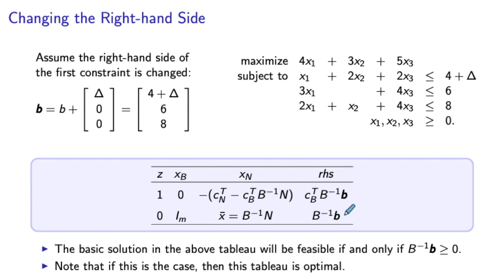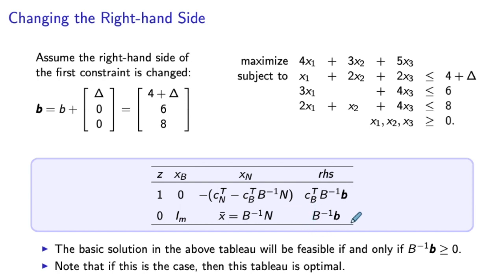So the part that we need to focus our attention on is B inverse times b. We need to recompute this part right here and determine the range of delta for which this expression will still give us a non-negative value, in which case the previously optimal basis will still be feasible, and as a result, because the optimality criterion is not affected by the change of right-hand side, the previously optimal basis will still remain optimal.